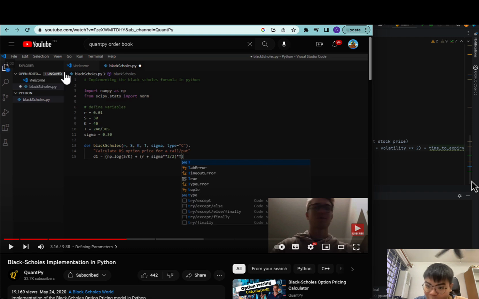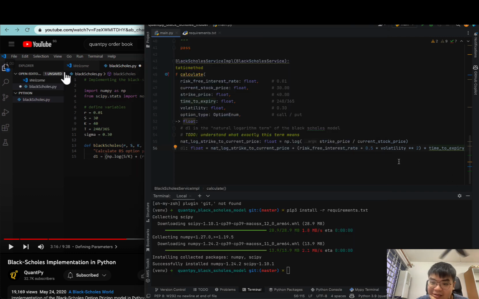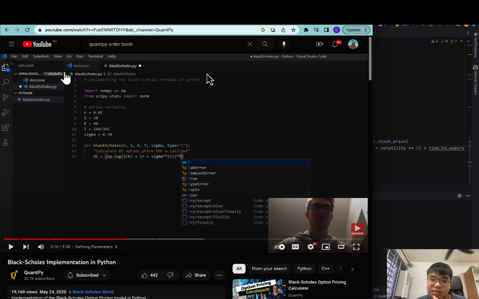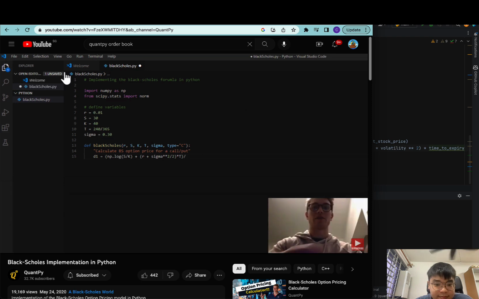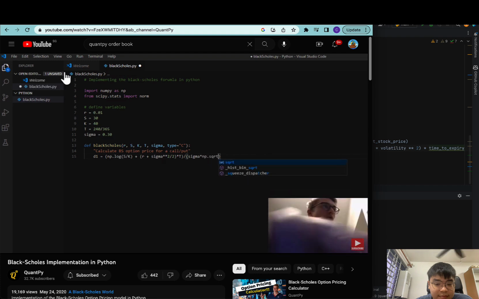Why though? Why would you make it so complicated? There must be a reason why, but it's okay. Let's continue. So let's divide that entire thing by sigma times np dot square root.